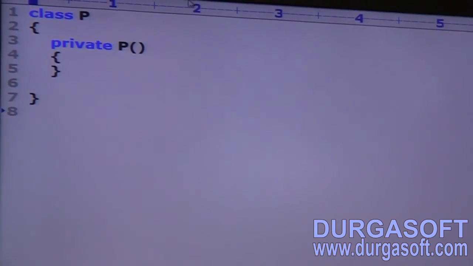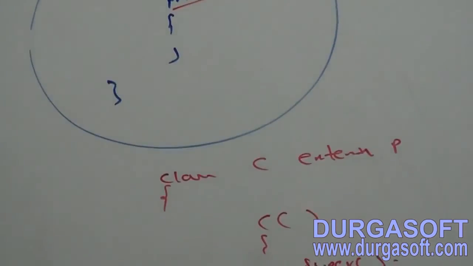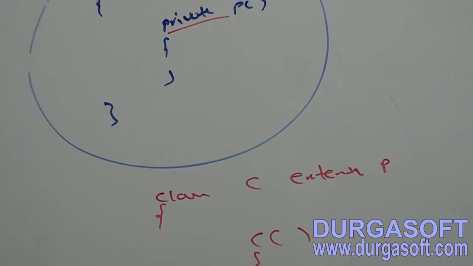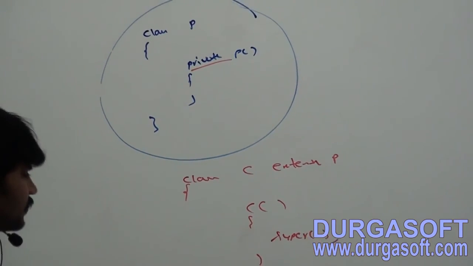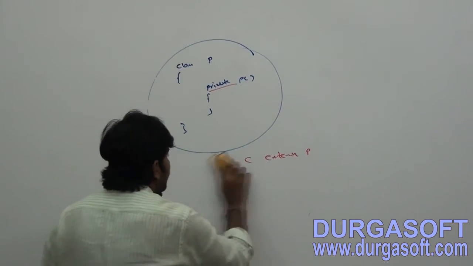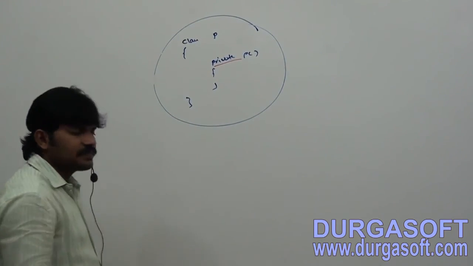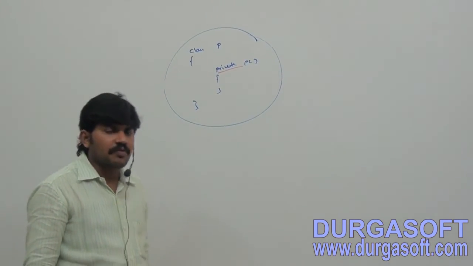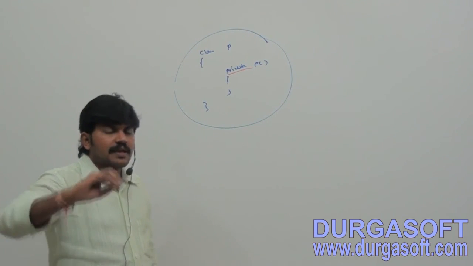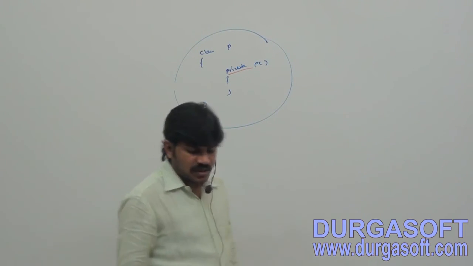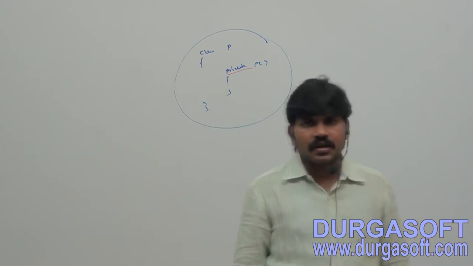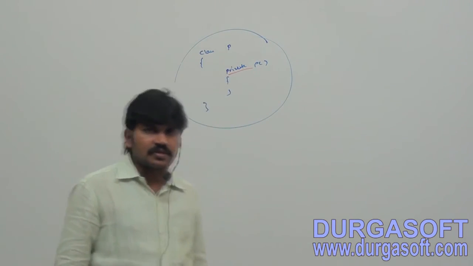So this is what you should remember: by declaring every constructor as private, we can restrict child class creation.